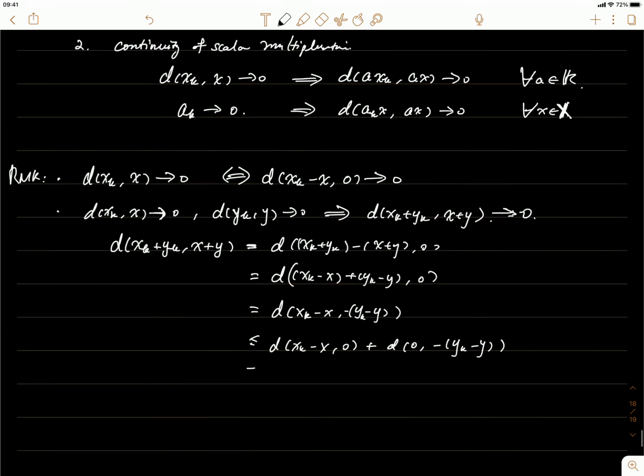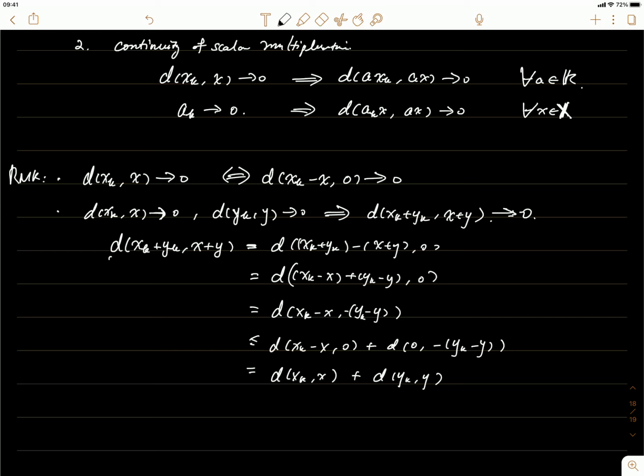Okay, and now you can see the first term. I can again add x on both arguments, and I will get d of xk, x. And in the second argument I can add yk on both arguments, and I will get d of yk, y.